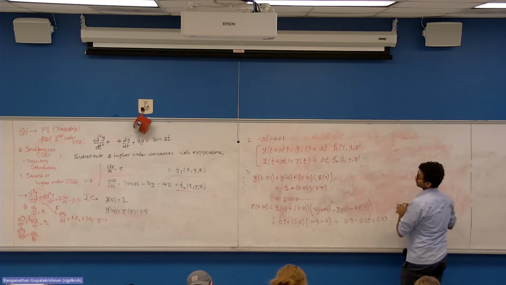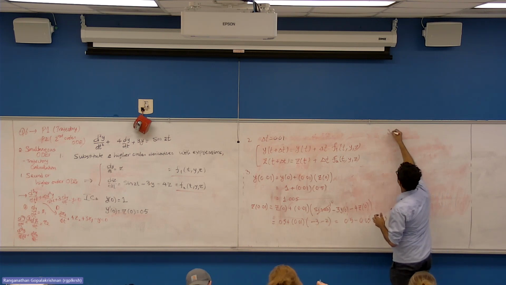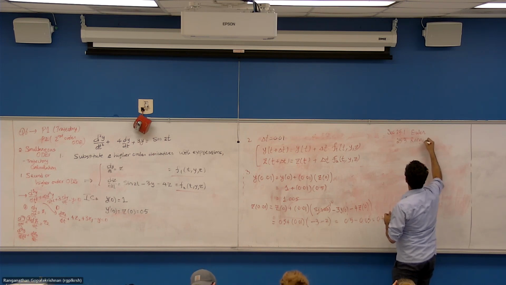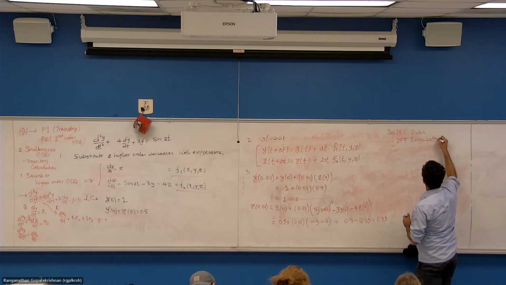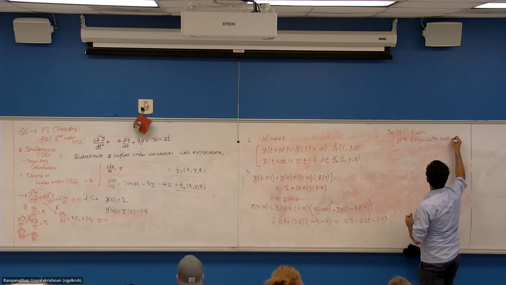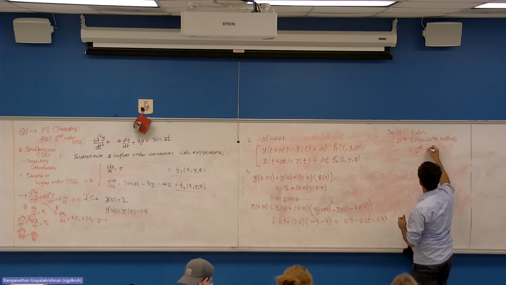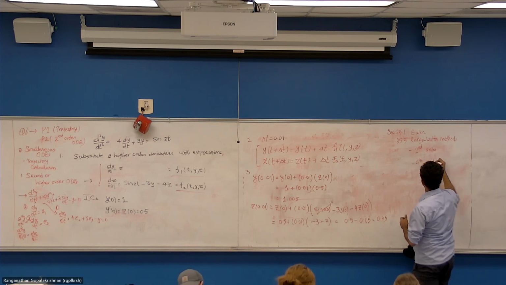Section 25.1 is Euler method, and in 25.3 we are going to see what are called Runge-Kutta methods, and within that two variants, second order and fourth order Runge-Kutta methods.